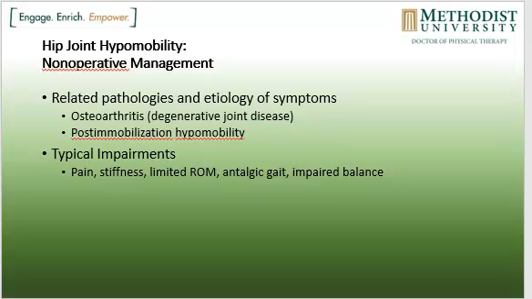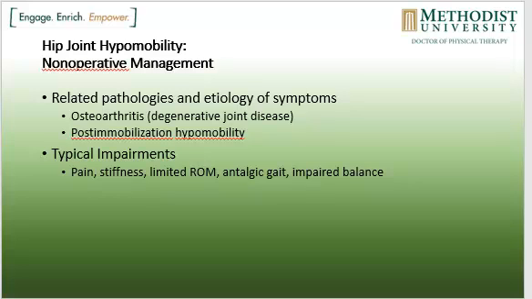Also, those who have obesity or hip developmental disorders often get hip osteoarthritis. Post-immobilization hypomobility occurs in the hip joint like it would any other joint. So if you have a disorder where you cannot move your hip as normal, you end up getting tightness around the joint, in the joint capsule, and in the muscles that surround the joint.